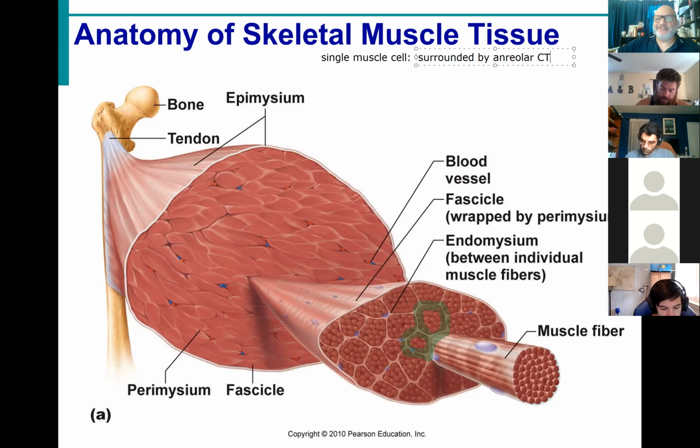Now, this certainly isn't the only place we find areolar connective tissue in the body. So not surprisingly, this areolar connective tissue, we give a name based on location, and hopefully I've used the term "based on location" enough in this class that I can just abbreviate it BOL.